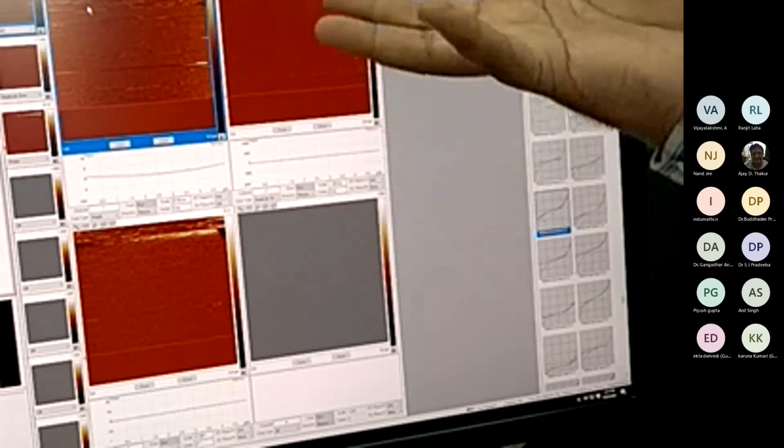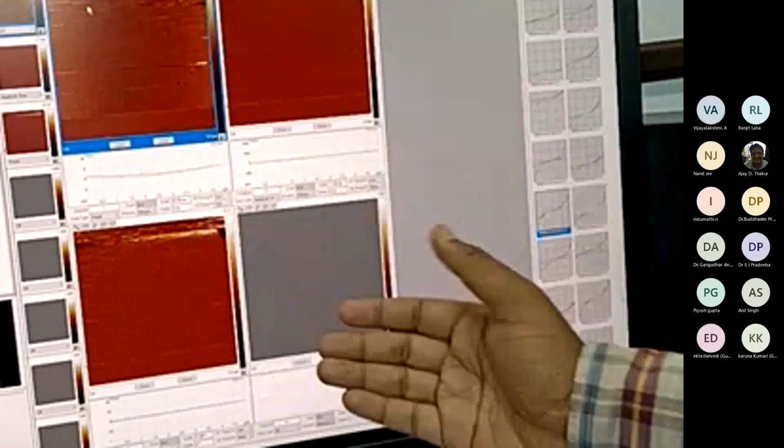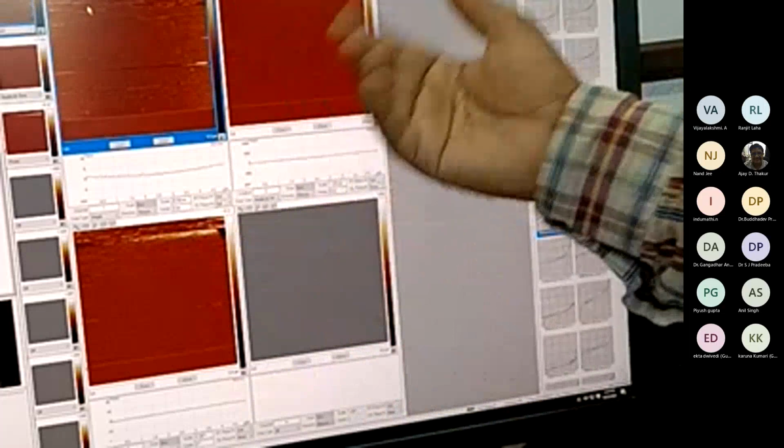Apart from that, we can do capacitance mapping also. While making semiconductor devices at the micron or nanometer scale, it is required to map the capacitance, which actually tells about the performance of the device.